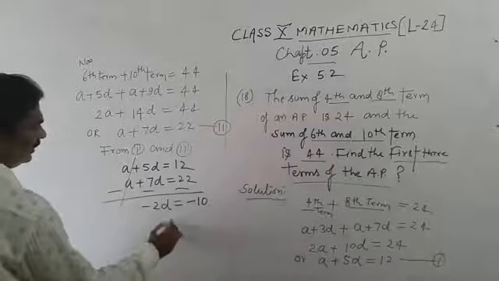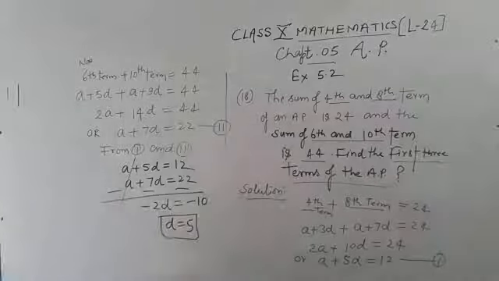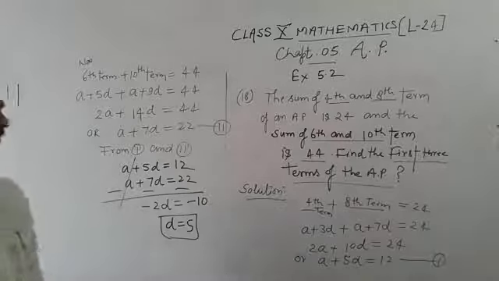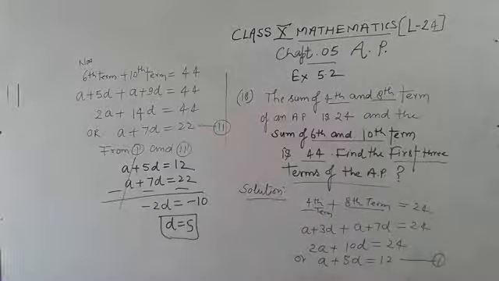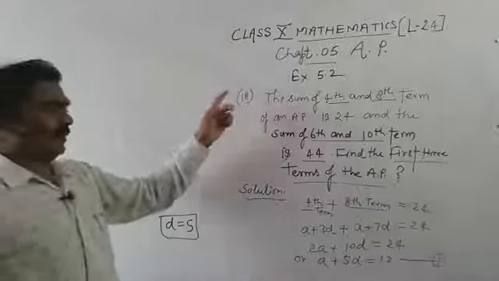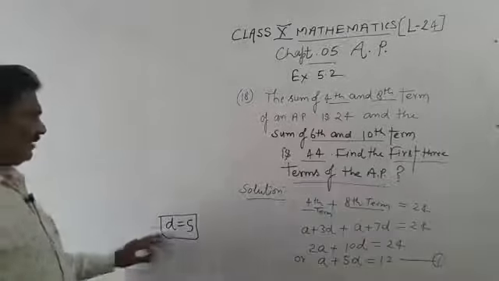So therefore d is equal to 5. We have found that the common difference is 5. So now, students, from any one equation we will find a. Write down this solution. So okay, students, here we have d is equal to 5.